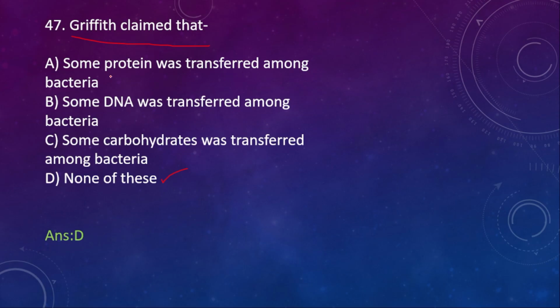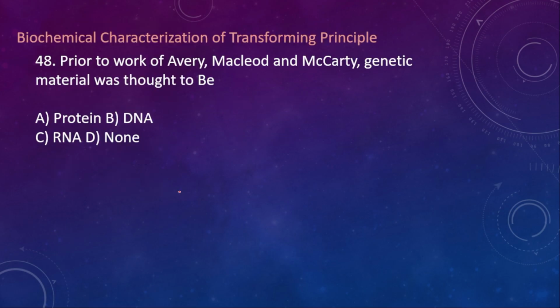He didn't say whether it is protein, DNA, or carbohydrate. He just said that something is transferring. He didn't mention what. That's why none of this is the correct option. Next, biochemical characterization of the transforming principle.